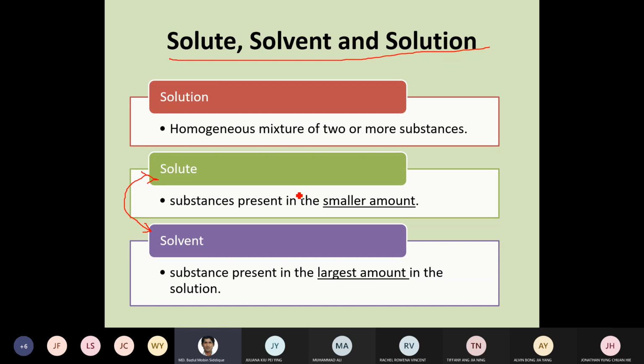That comparatively bigger amount of the other thing is the solvent that is used to dissolve. So the solvent will dissolve something and the solute will get dissolved into the solution. Altogether, solute plus solvent will produce a solution.